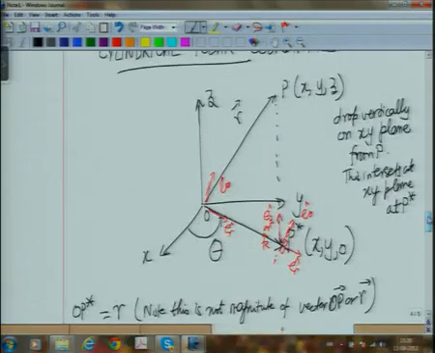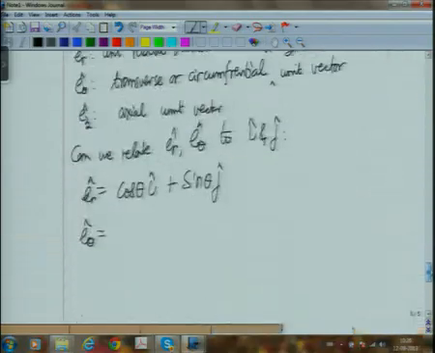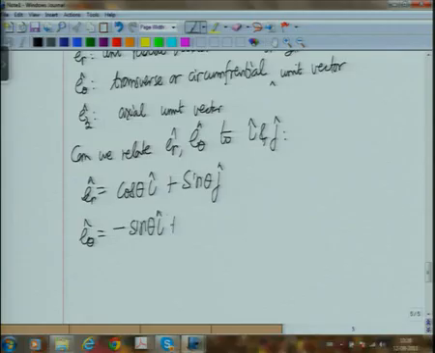If I look at E theta, it makes an angle of theta with y, okay, and 90 minus theta with minus x. So, therefore, E theta can be written as minus sin theta i plus cos theta j. Just think about it, that is what you will get.